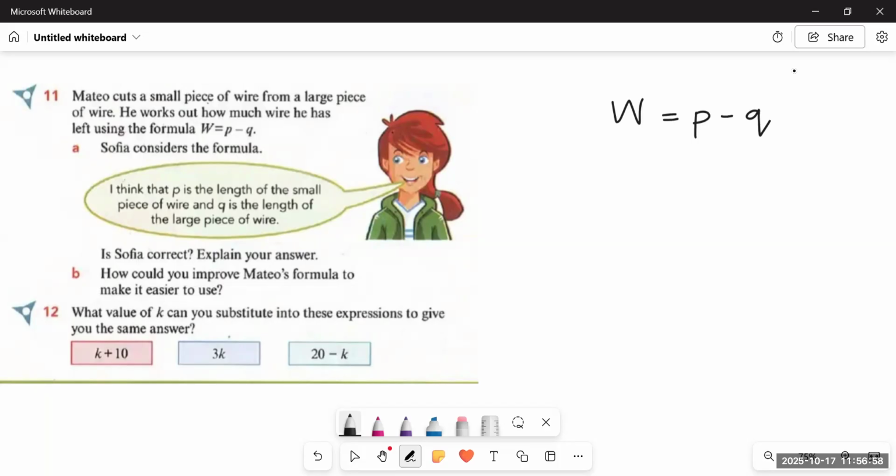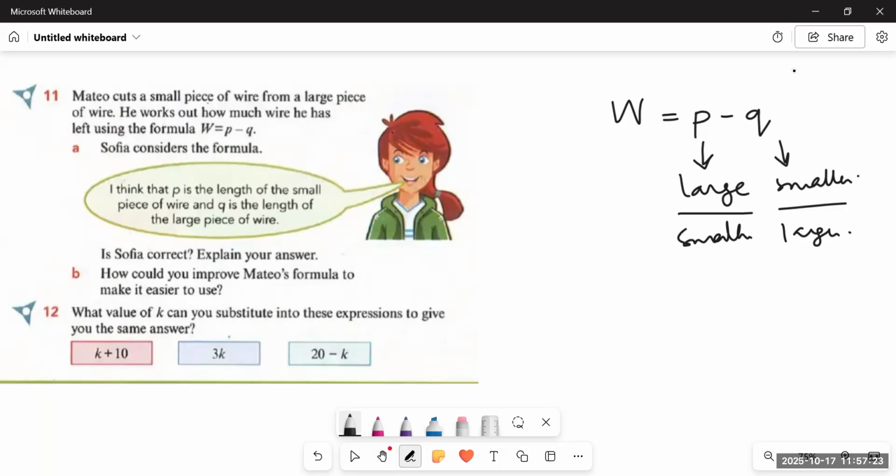So it means P must be the first one, the large one, and Q must be the smaller one. But according to Sophia, she is saying P is the length of the small piece. She is saying P is smaller and Q is larger. So Sophia is correct? No, she is incorrect.